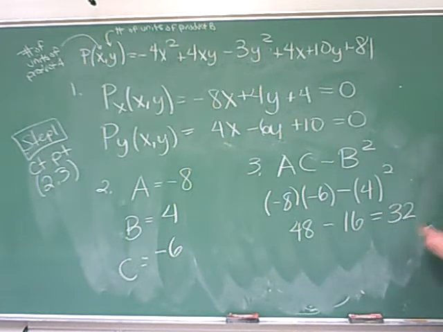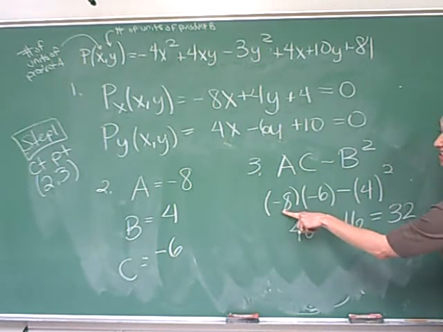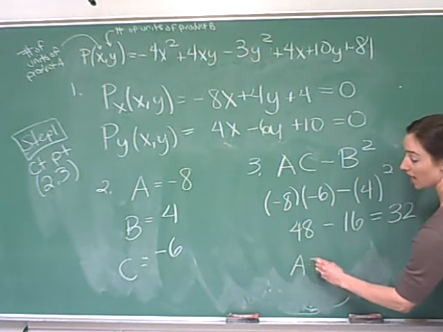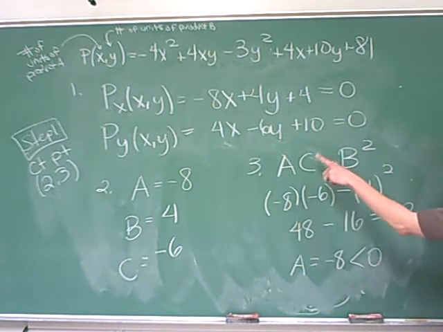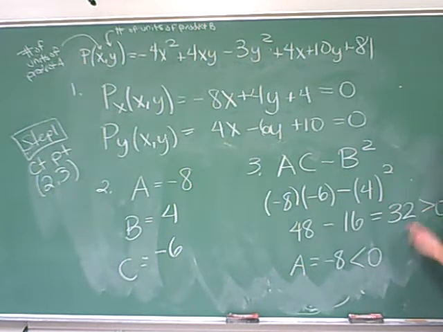Okay. So I'm going to use this number along with the fact that my a value here is less than 0. My a is -8, and that value is less than 0. And my calculation is greater than 0. Those 2 clues will tell me what case my function is falling into.